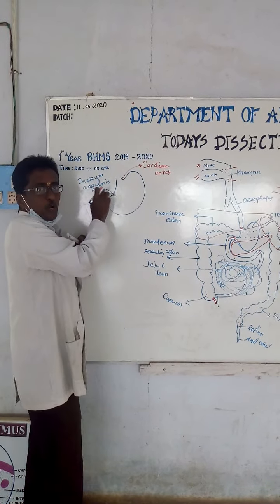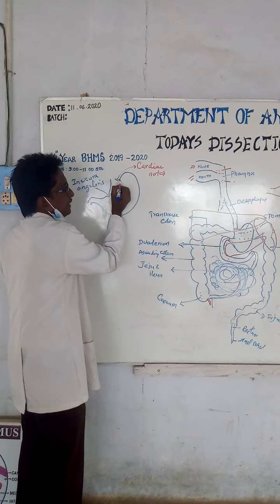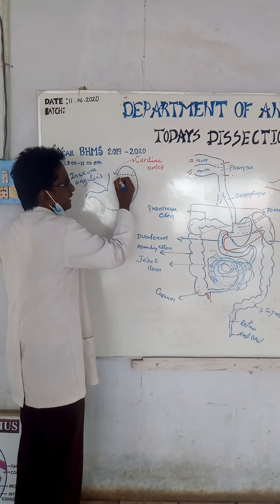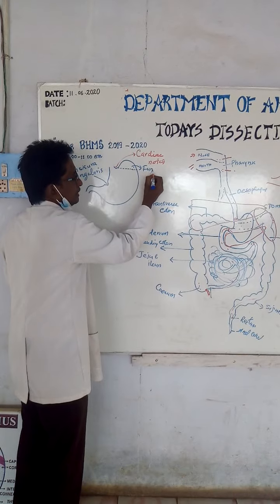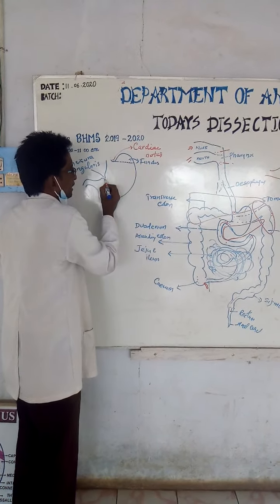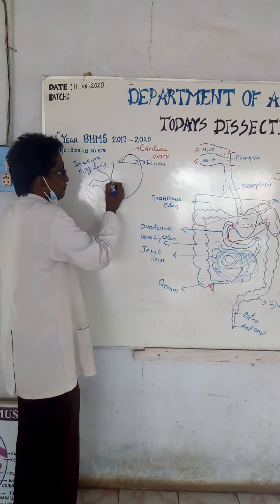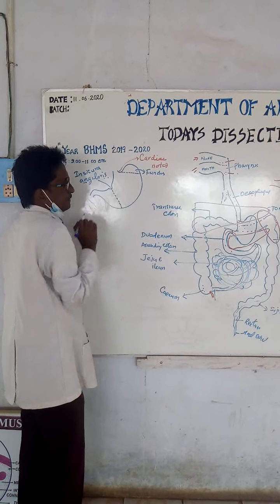Why is it mentioned now? I will tell you. From the cardiac notch, if you draw a line towards the greater curvature, the part above this line is called the fundus. From the incisura angularis, draw an oblique line, not a transverse line, towards the greater curvature.